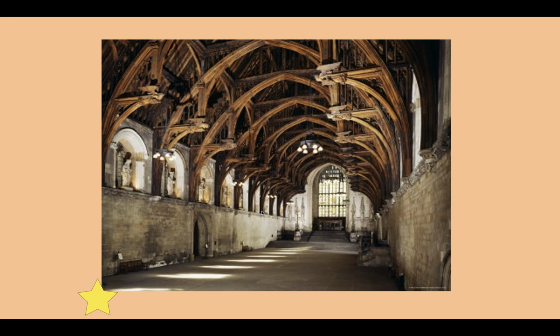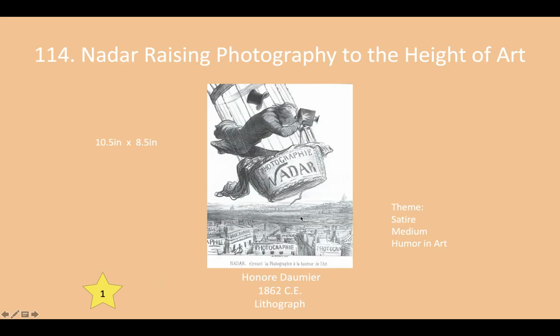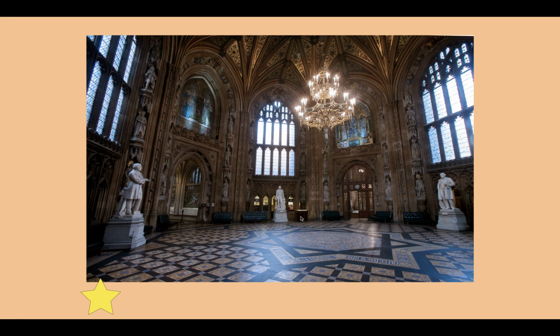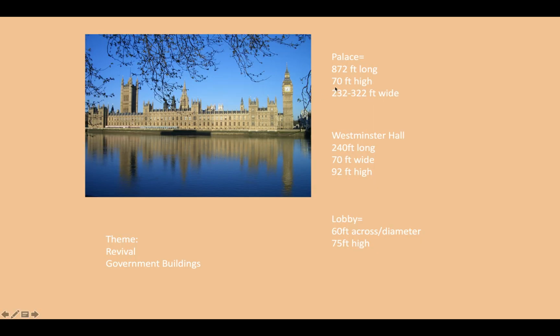And then you're looking at one other place, which is the lobby, which is 60 feet across in diameter and 75 feet high. So when we're looking at this 70 feet high here, we're looking at just the average height here, but then we have some places that are a little taller in places, and we'll talk about what we're looking at here.